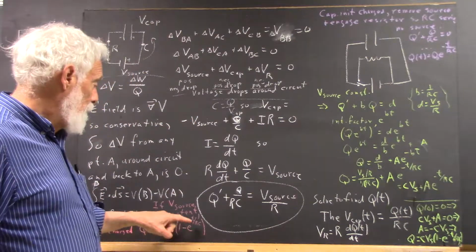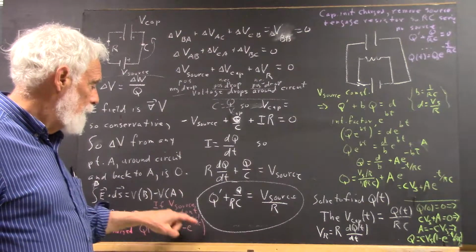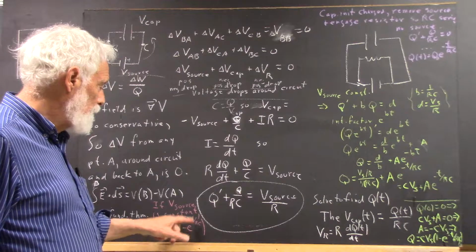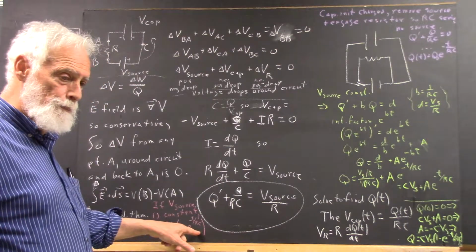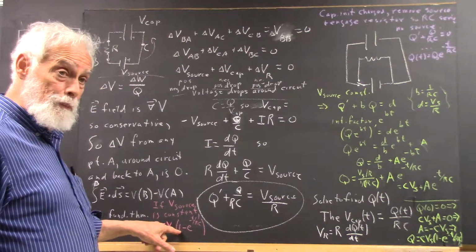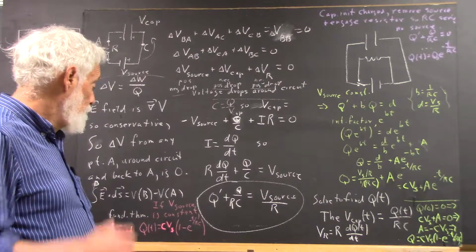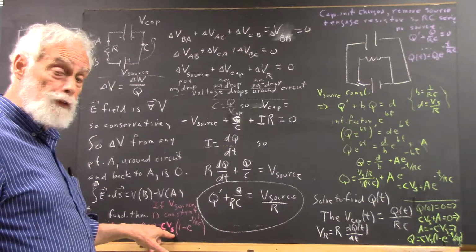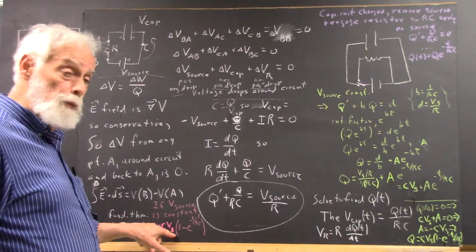So 1 minus e to the negative t over RC is going to approach 1, which means that your charge will approach capacitance times source voltage. Now that's exactly what we would expect.